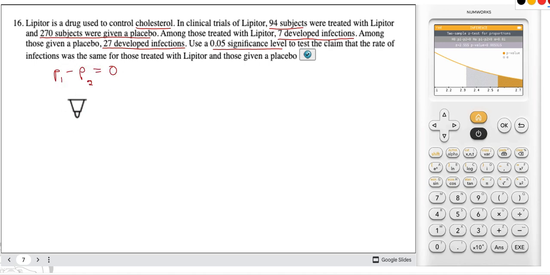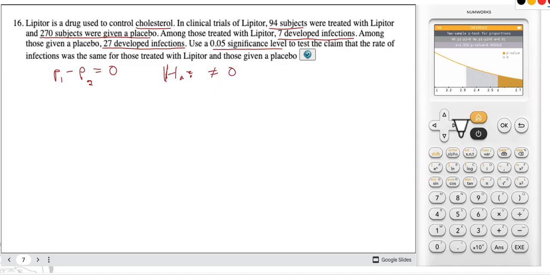That's our claim, and basically that there are no differences. So that's always going to be the null hypothesis. The alternative would be that they are not equal. So P1 minus P2 is not equal to 0.